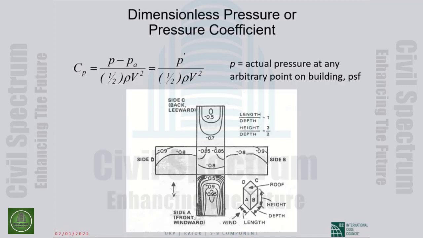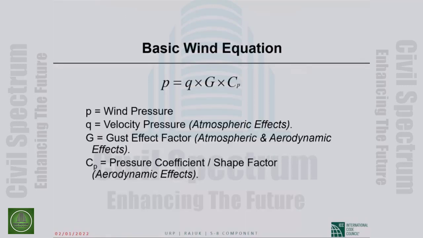And I will tell you, as complicated and sophisticated as our wind design is, we still do not account for this point-by-point variation of wind. The entire windward face is designed for a C sub P of plus 0.8, one value. That's where we are at, as you will see on subsequent slides.